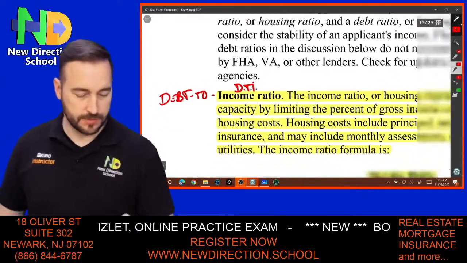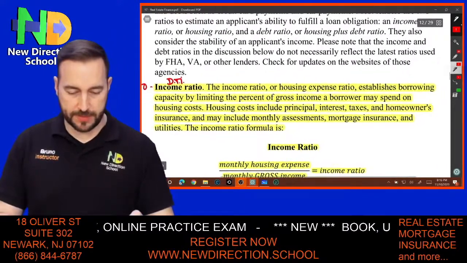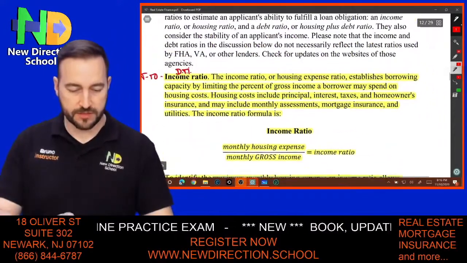That's the income ratio. And there's front-end ratio and there's back-end ratio.